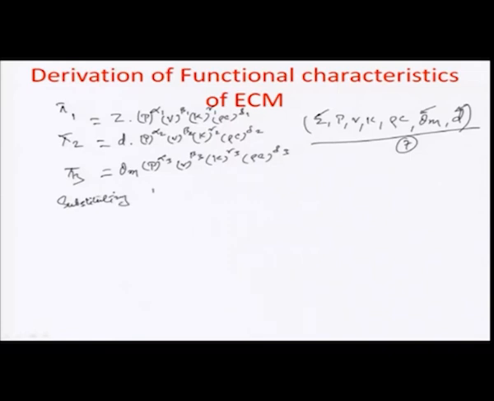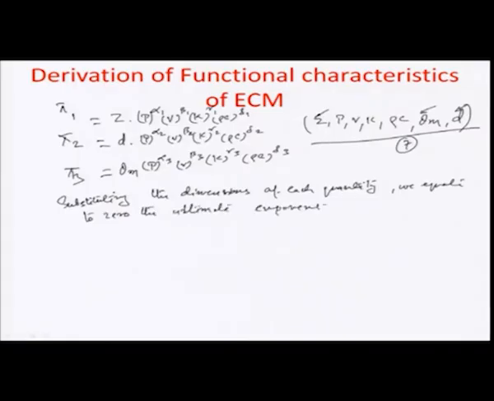So, substituting the dimensions of each quantity, we equate to 0 the ultimate exponent of each of the basic dimensions.